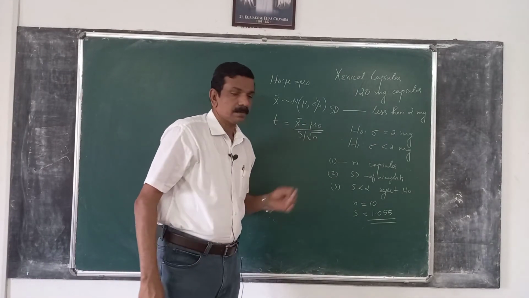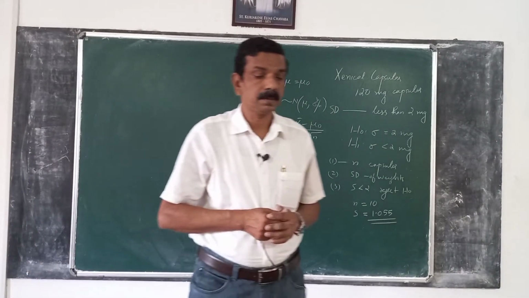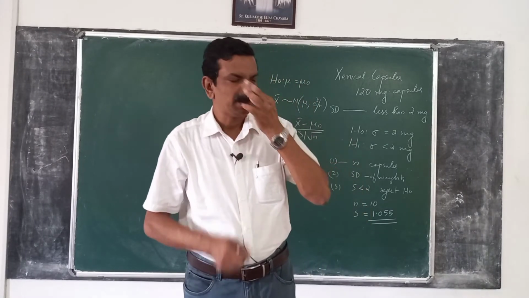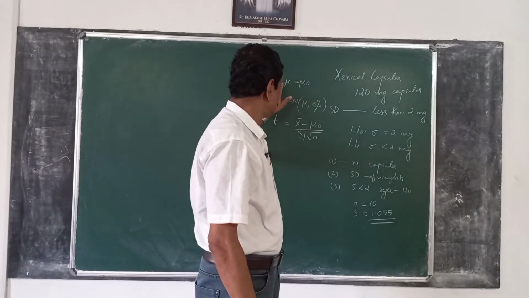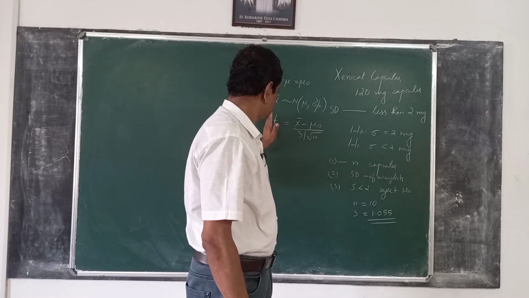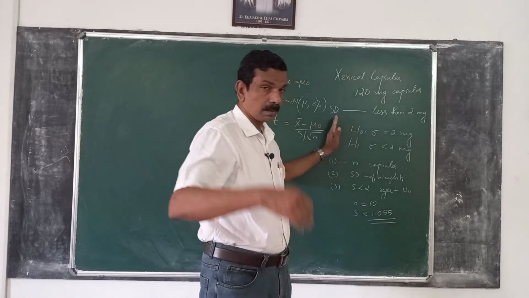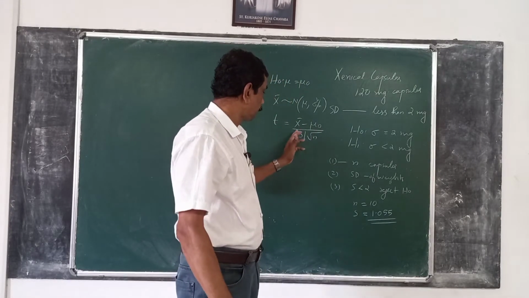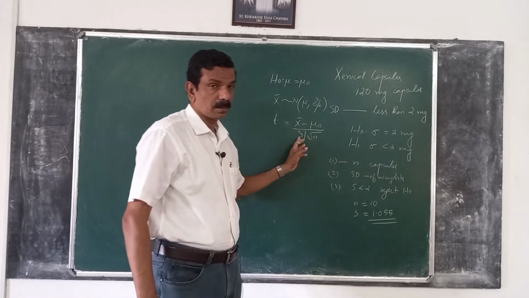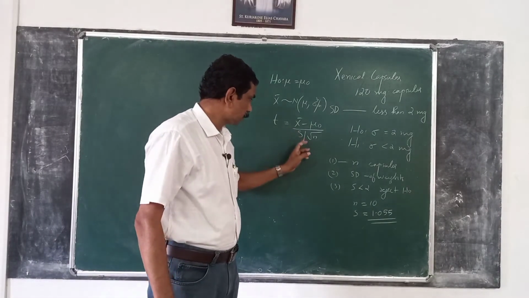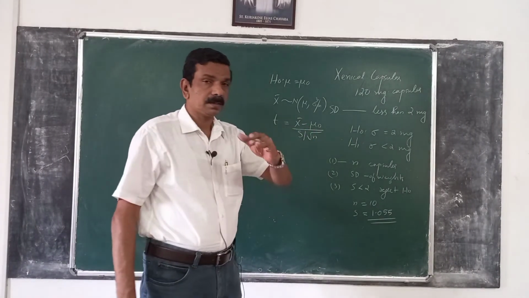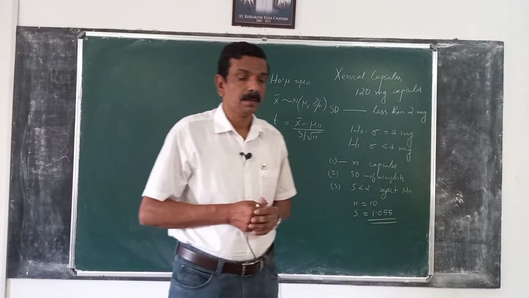This t was used for hypothesis testing. Under the null hypothesis that mu is equal to mu 0, on the assumption that population standard deviation is unknown, the test statistic follows the t distribution.